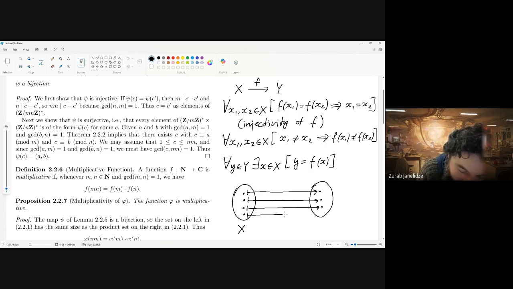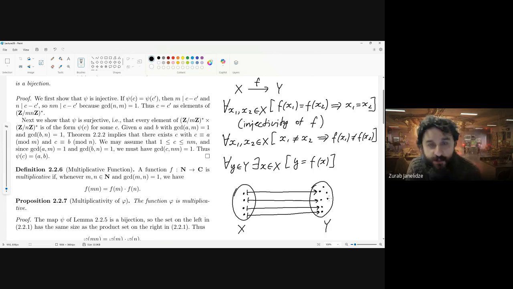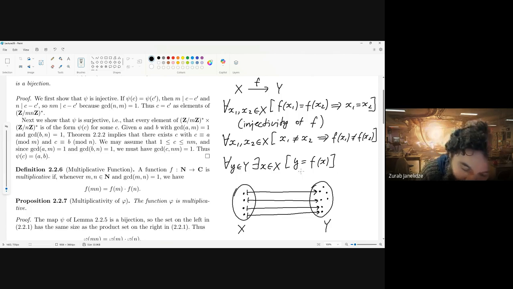So the fourth one will also have to map to a separate fourth element in the set Y. But injectivity could still allow some elements in Y to exist that are not mapped to from any element in X. And that's what the second property, surjectivity, rules out. So by surjectivity, any element we pick in Y must have something in X that maps to it. So none of them will be left unmapped.